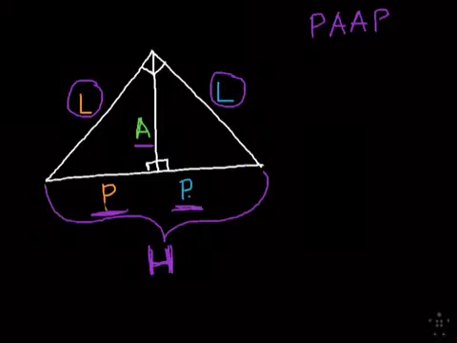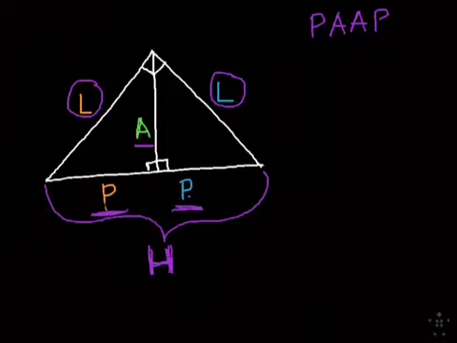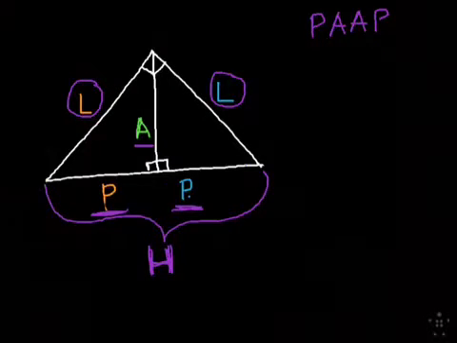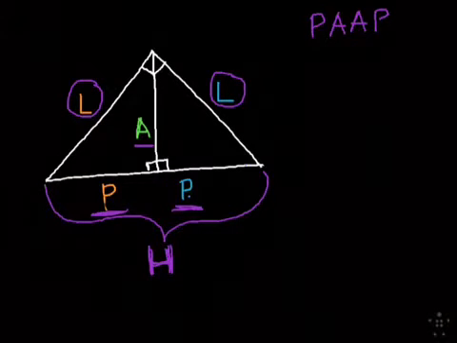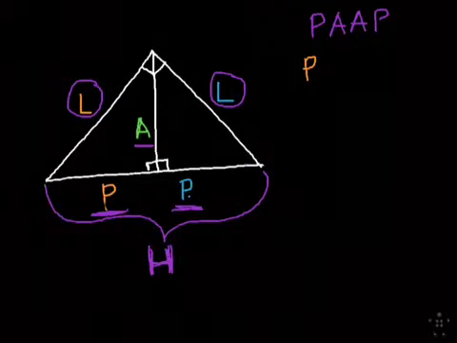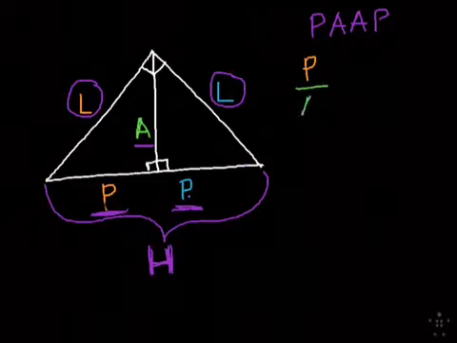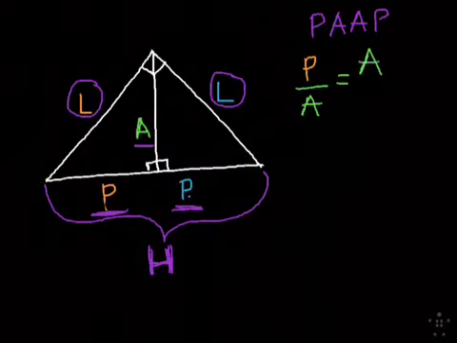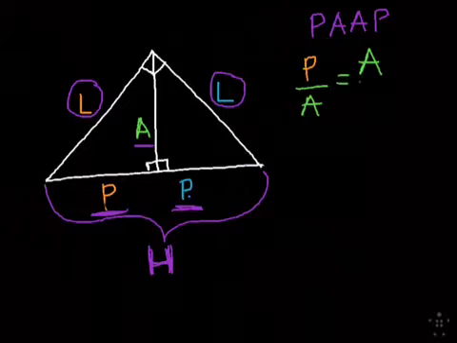This is useful when you know the parts or the altitude of this type of right triangle altitude situation with similar figures. So this is what you would do. You would take one of the parts of the hypotenuse and set up the ratio of that with the altitude of the triangle, equal to the altitude divided by the other part.